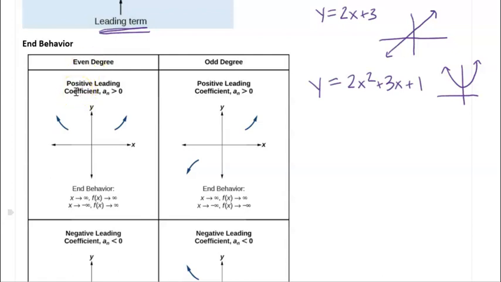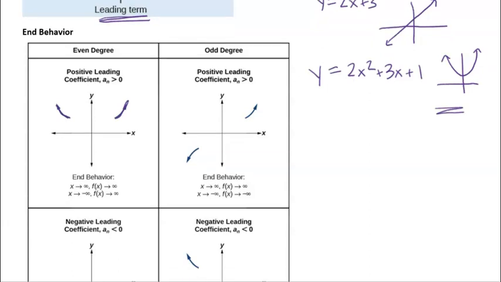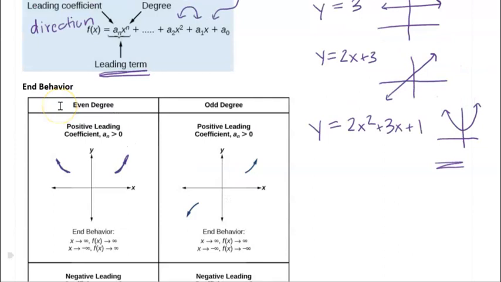and your leading coefficient is positive, then your end behavior is going to be up and up, just like a quadratic. If you have an odd degree, 3, 5, 7, a line, if you will, that would have an odd degree of 1.